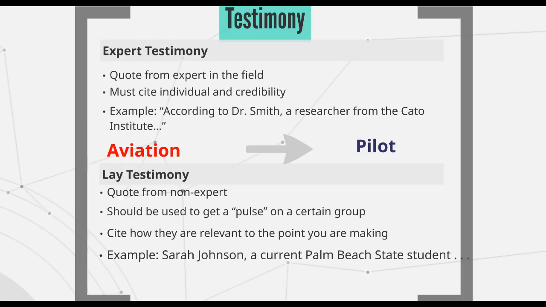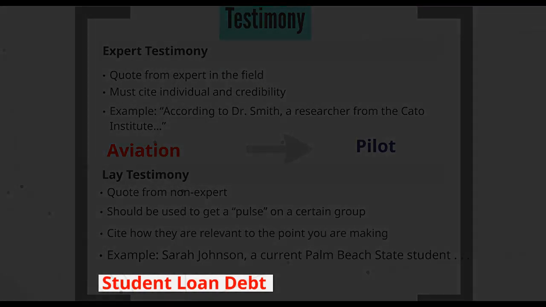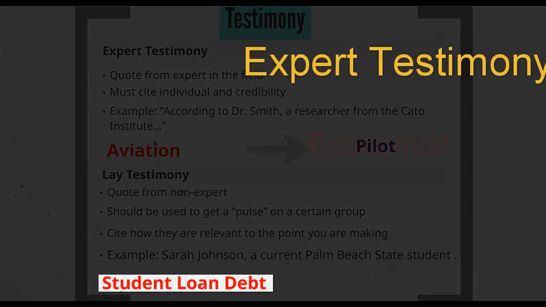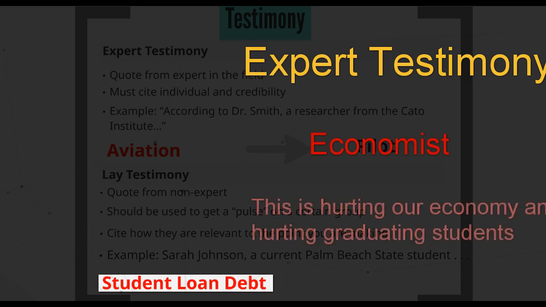So for instance, let's say you were doing your speech on student loan debt. Your expert testimony might be an economist, right? They could tell you how student loan debt is hurting the economy overall, how fewer people are now buying houses because once they graduate, they don't have the extra income to actually do it.